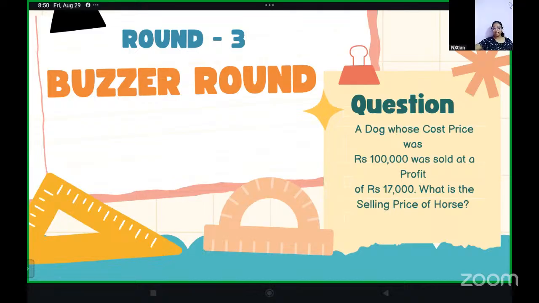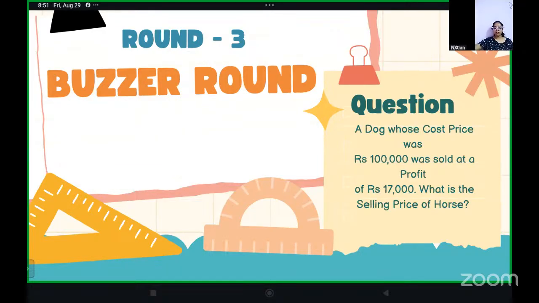No. You only have to tell the selling price, which is cost price plus profit. So 1 lakh plus 17,000. Ma'am, I had thought the 17,000 was 1,17,000. 17,000 will be added to 1 lakh to calculate SP. When I saw the question, I saw 1 lakh, and then I saw 1,17,000 instead of just plain 17,000. Oh, okay. It is only plain 17,000.